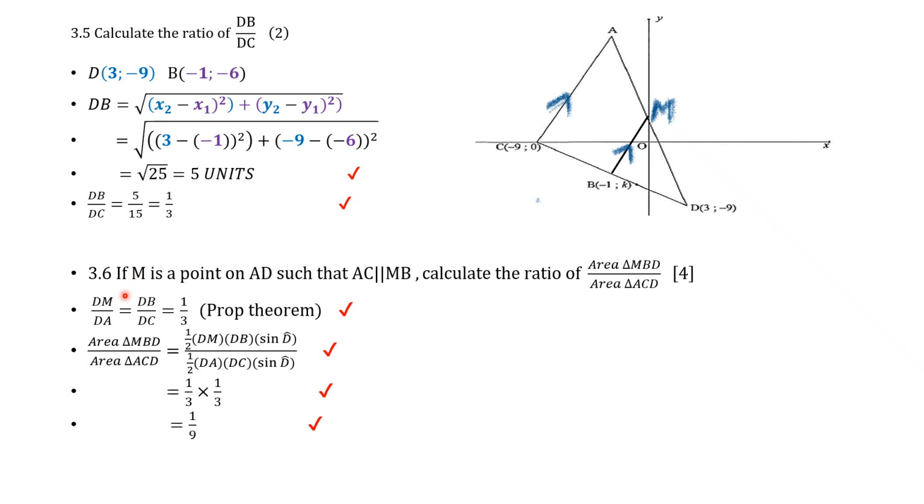Now 3.6, they say if M is a point on AD such that AC is parallel to MB. So they have put in the M, right? I should put it there, but it just wouldn't look right, so I might just shift it a little bit just to show you the concept. So those two lines are parallel. If those two lines are parallel, automatically, according to the proportionality theorem, AM over MD must equal CB over BD.